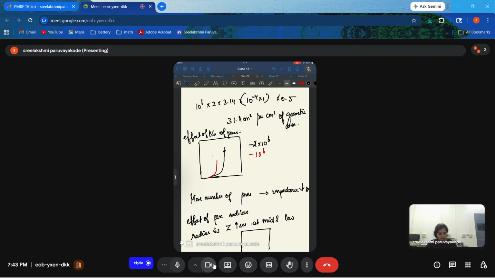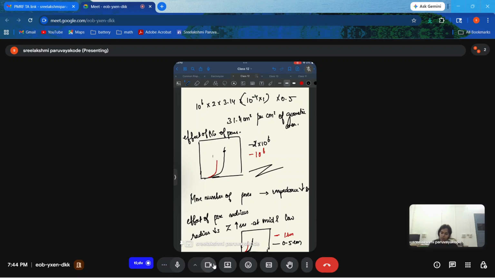So for the same case, if the impedance is like this, now when the radius is reducing, so this becomes 1 micron and this is 0.5 micron. So these are a few things you need to know. Both the solution and the double layer play a role. So that's why it starts from the solution resistance and moves away, and then you get a capacitive kind of behavior.